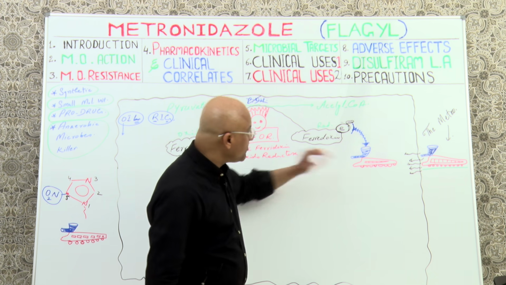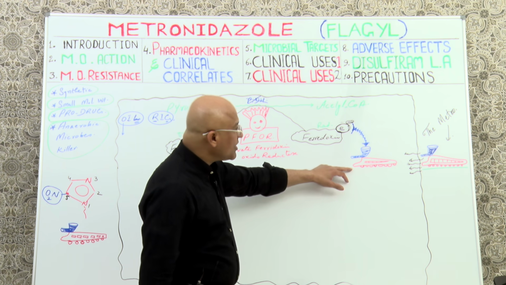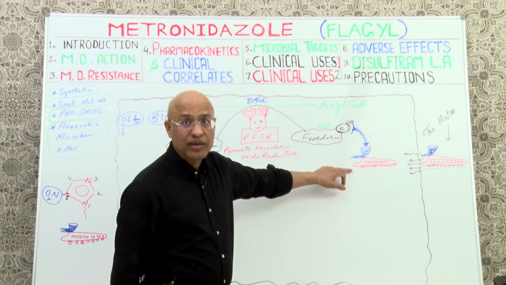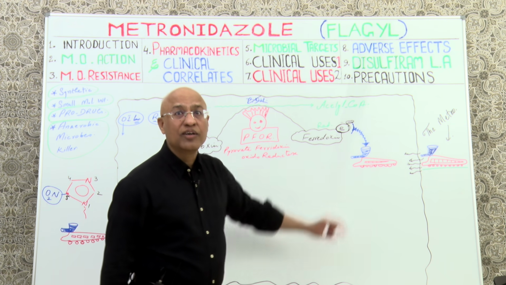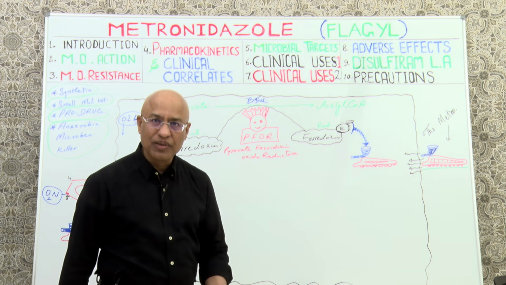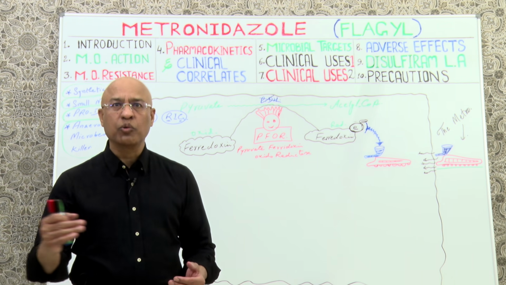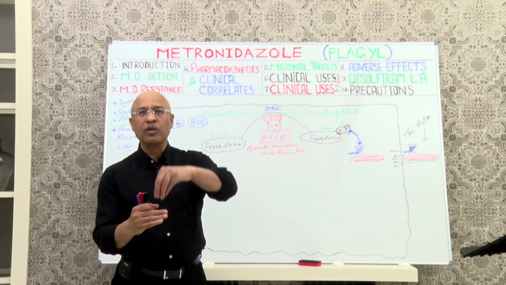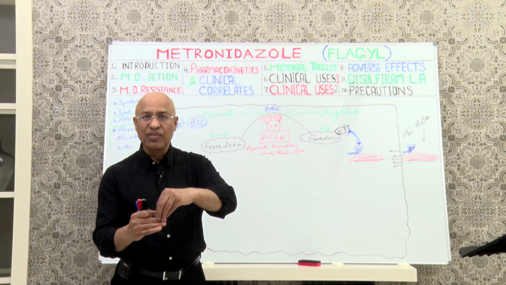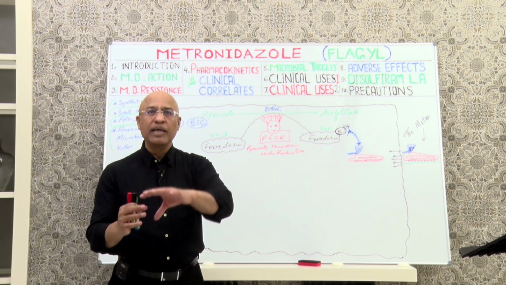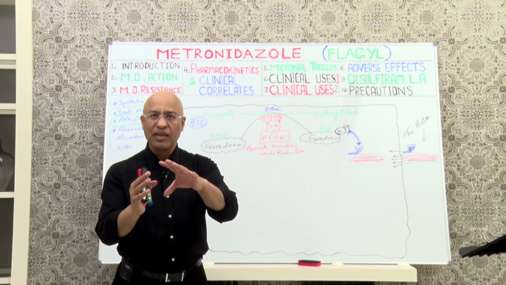So we can say that this kind of activation, we call it reductive activation. In a simple way, you can say metronidazole enters the cell and an electron is added from the ferredoxin, and when the metronidazole nitro group receives the electron, it becomes highly reactive, right?